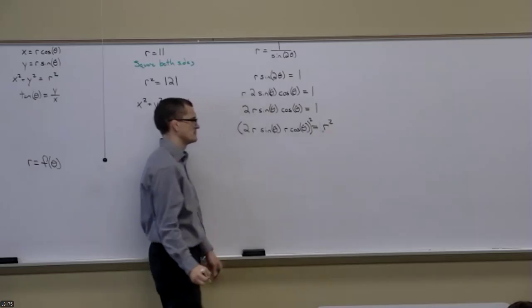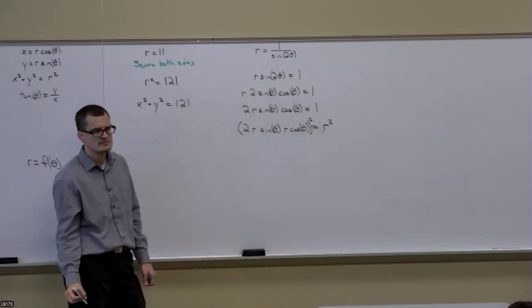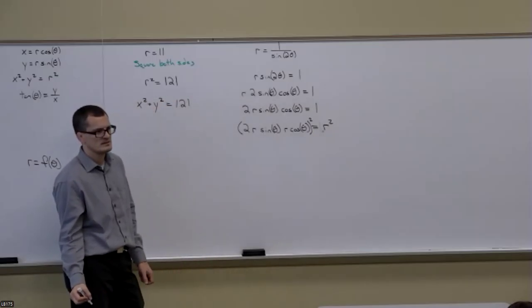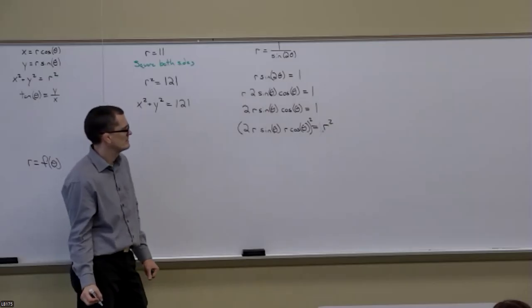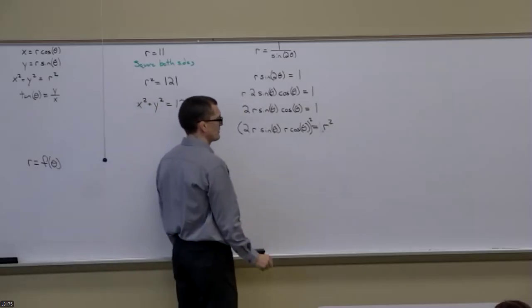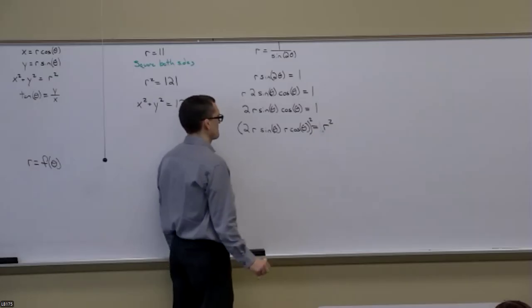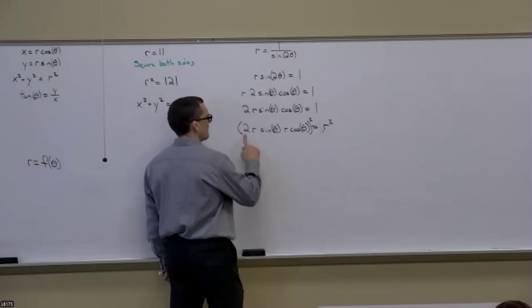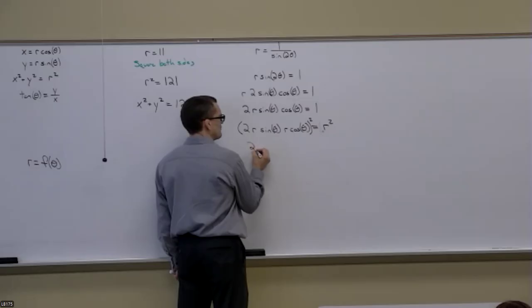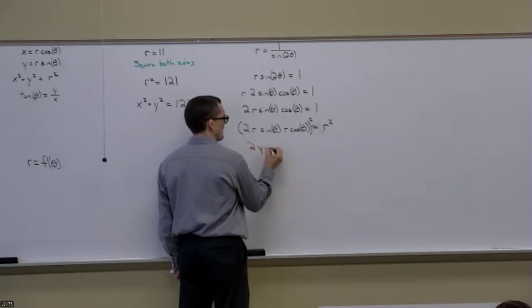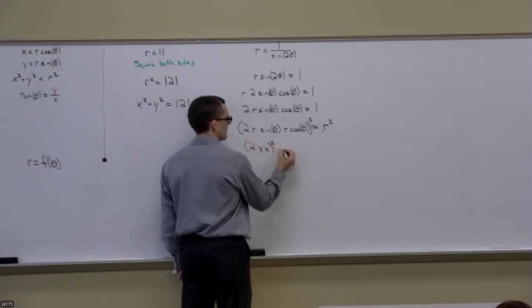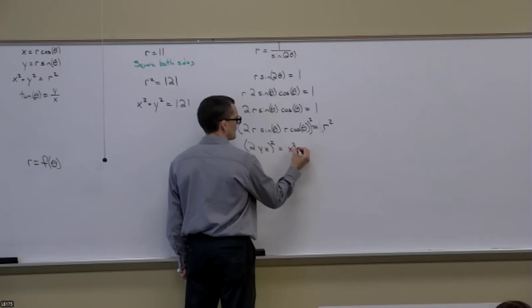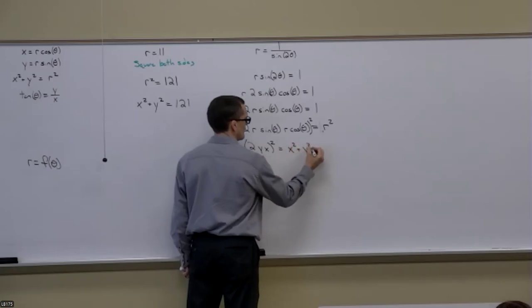Is that right? I'll show you what's going on here in a second. We're going to get 2 times y times x, quantity squared, equals x squared plus y squared.